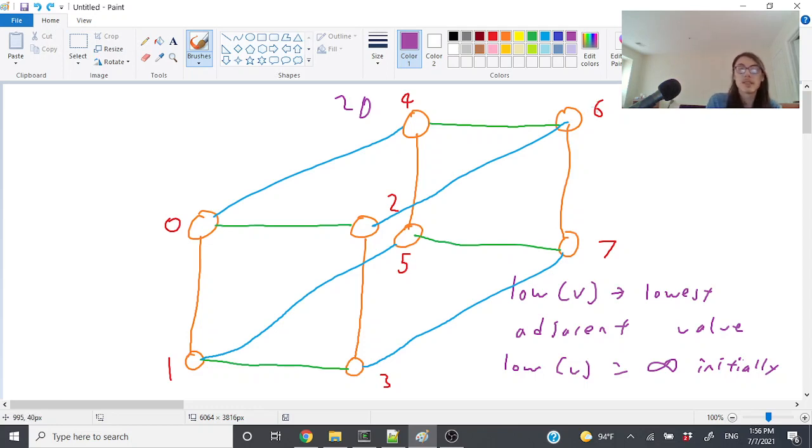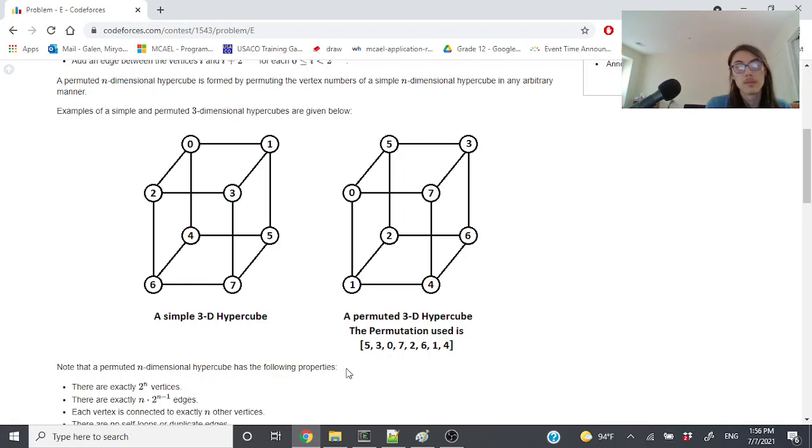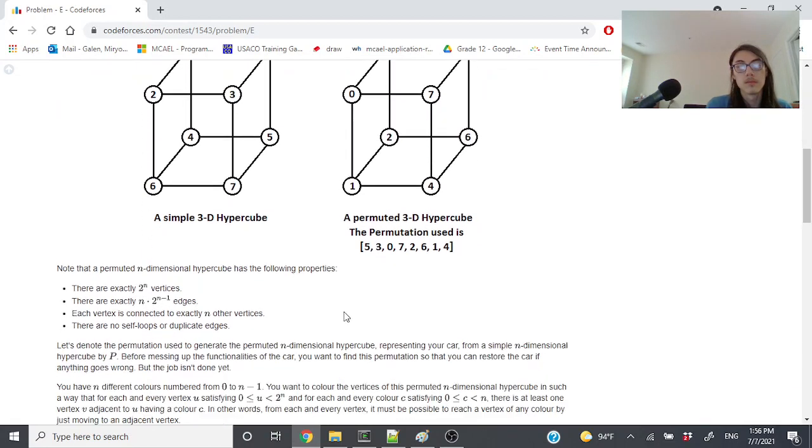And then this gives us, if this was initially, say, its permutation value is 5 or something, and this was initially 0, then it lets us do the mapping. It says that the node in the permuted hypercube with index 5 has initial hypercube index 0. Wait.